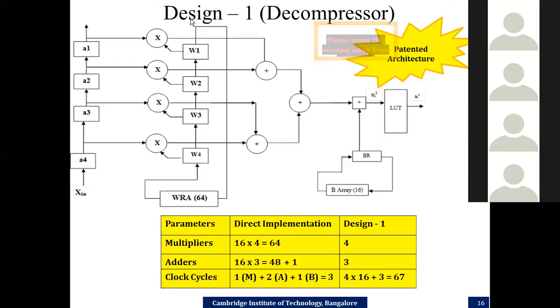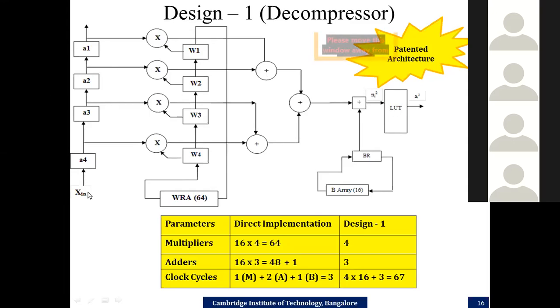Similarly, in the design for the decompressor, we have taken 4 multipliers, and again a weight register array consisting of 64 elements. You load these 4 elements with the corresponding weights, multiply with the corresponding inputs 16 times, and again you have a 2-stage adder, and the output of that is given to a bias adder, then taken into an LUT to generate the final output.